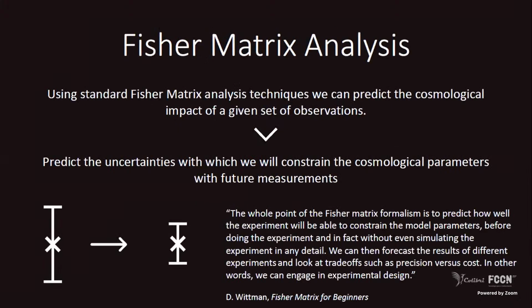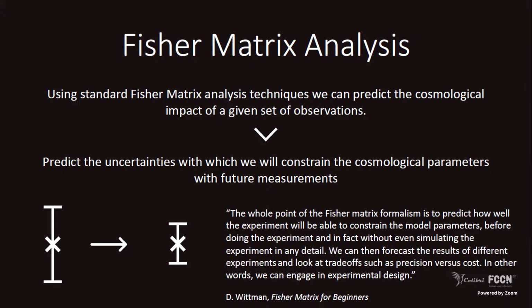We use the Fisher matrix analysis to predict the cosmological impact of a given set of observations. That is, we can predict the uncertainties with which we will constrain our cosmological parameters with future measurements.